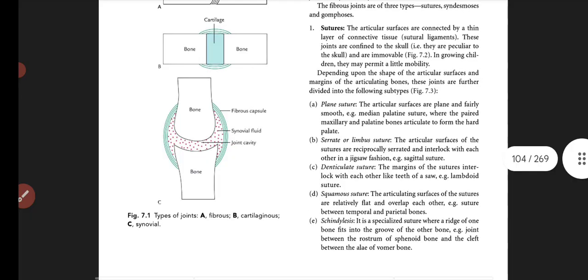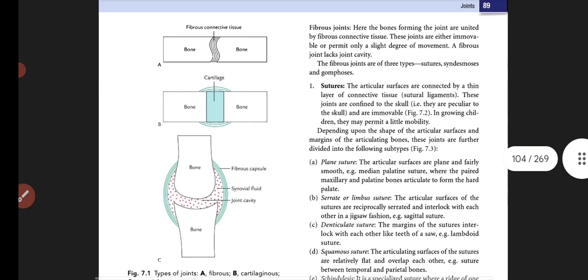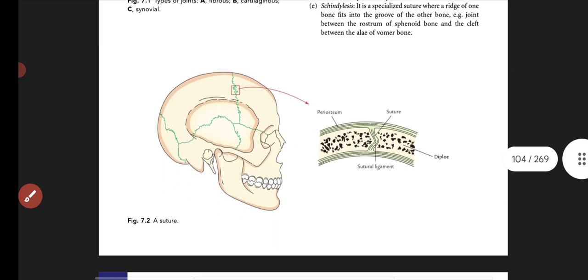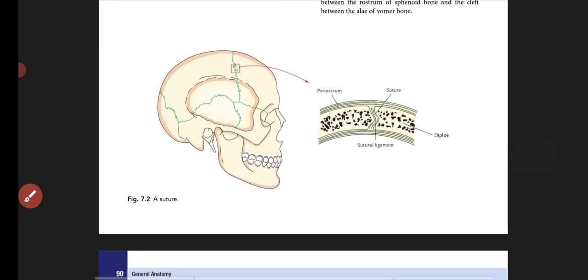Okay, so here we can see from the picture. You have to draw these pictures in the examination. These are the fibrous type of joint, the cartilaginous, and these are the synovial. Here is the sutural ligament, which you can see in between the two bones of the skull.